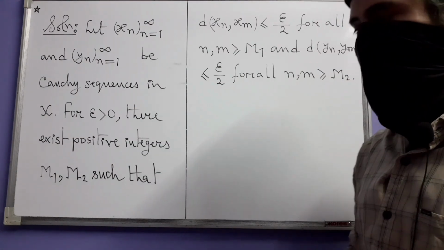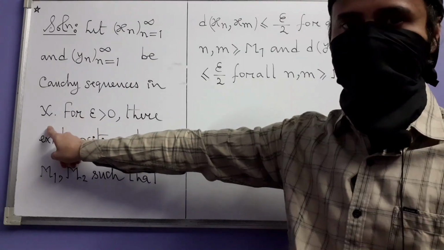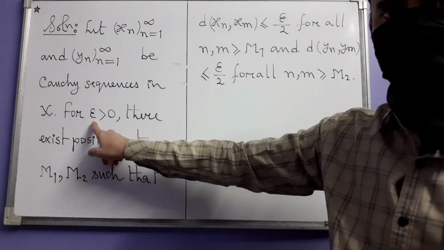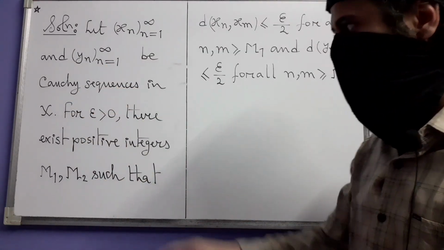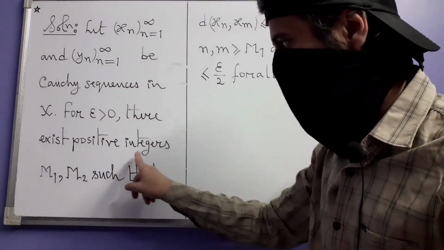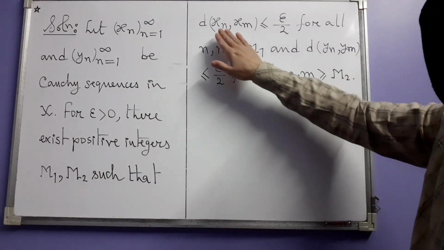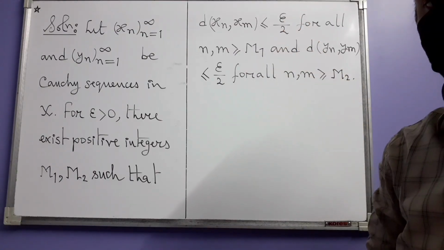We start the solution with two Cauchy sequences xn and yn in our space X, and then we choose any positive real number epsilon. Because these are Cauchy sequences, we can apply the definition. For this epsilon, there will exist positive integers m1 and m2 such that the distance d(xn, xm) is at most epsilon divided by 2.